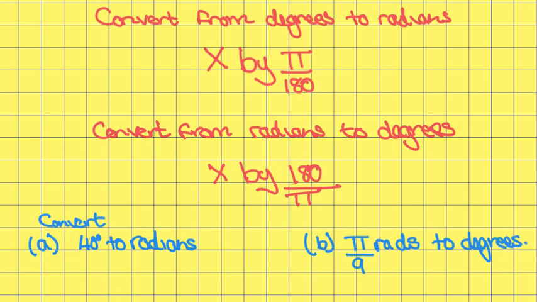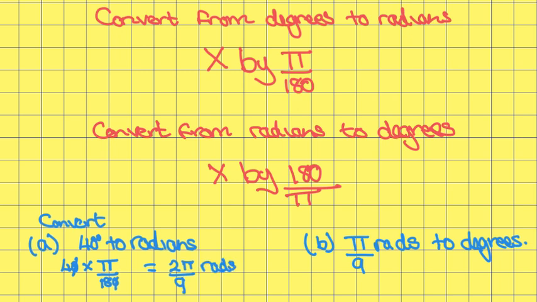So convert 40 degrees to radians. So we take 40, we times it by pi over 180. Well, that will cancel to 2 pi over 9 rads.